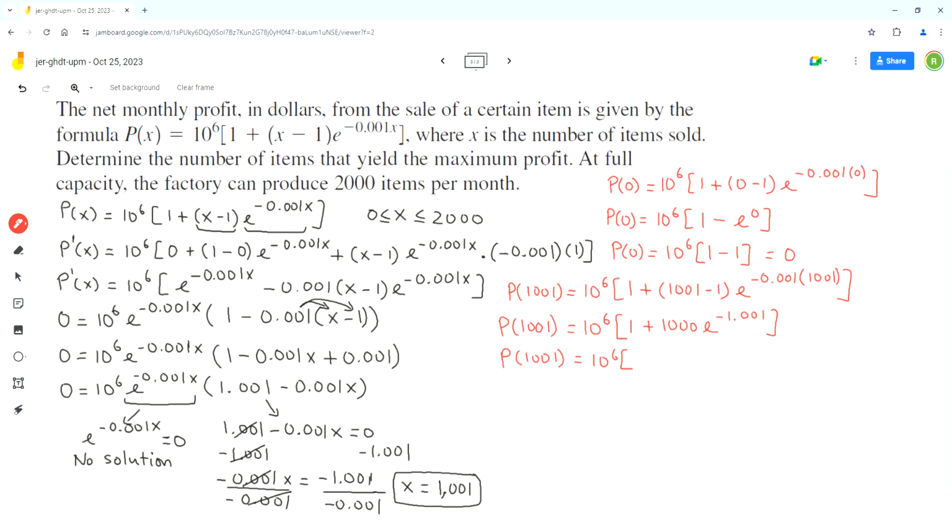Now we can evaluate e to the power negative 1.001 and multiply it by 1000 and then add 1 to it and then multiply by 10 to the power 6.